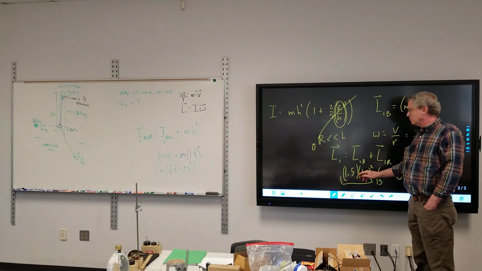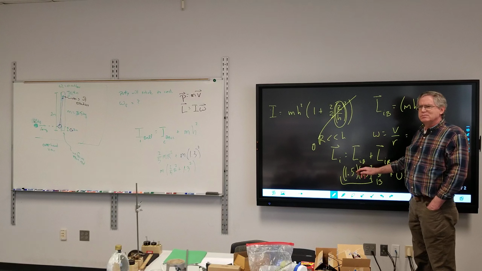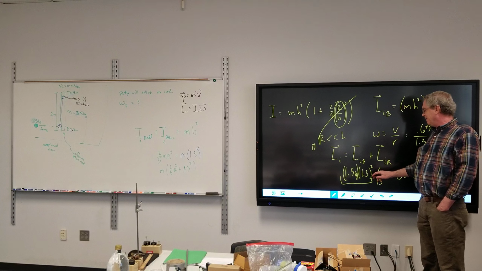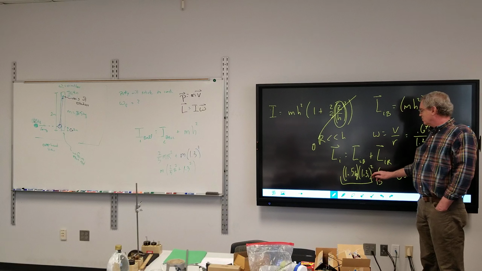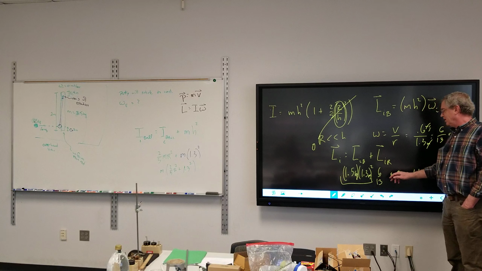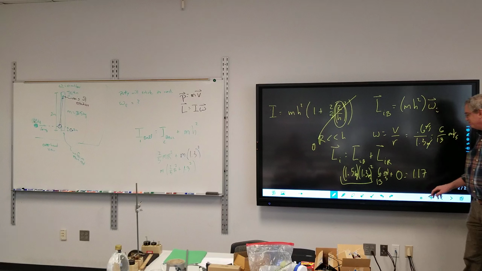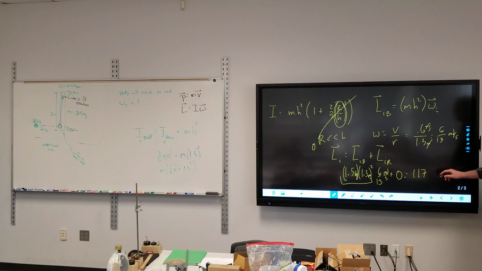Kilograms. The units of 1.3? Meters. The units of 6/13? Radians per second. Kilogram times meter, that's just newtons. Newton meters.